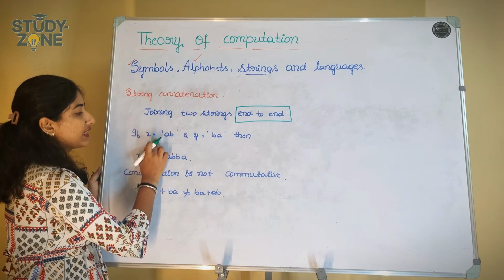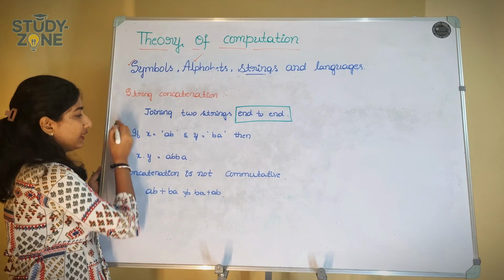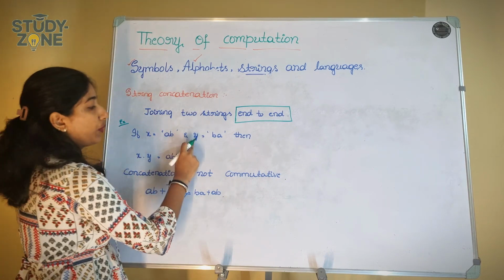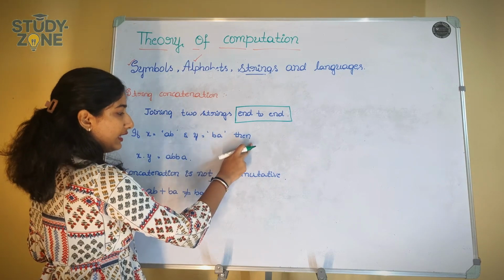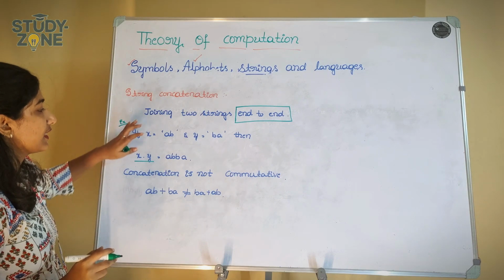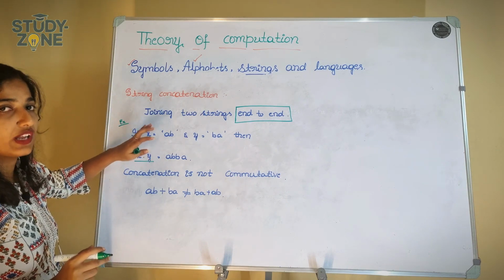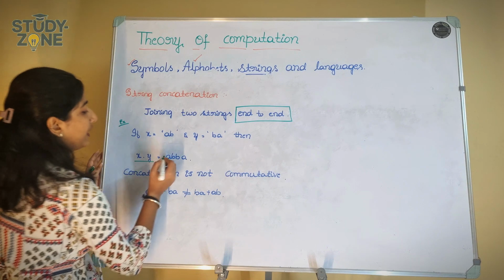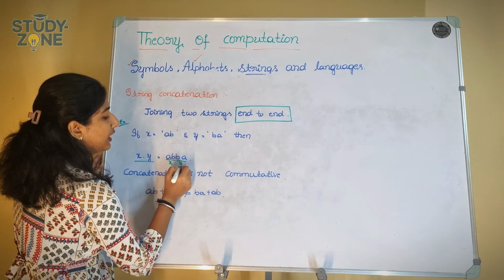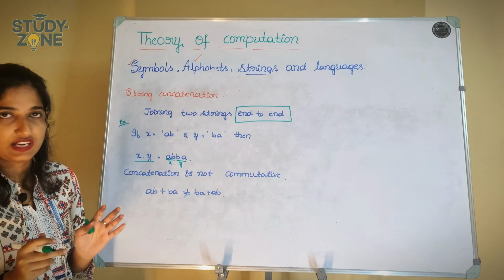So this is the example. If x equals AB and y equals BA, then how to represent concatenation? Like this. x concatenated with y, or x dot y, equals AB, this is the term of x, with BA. This is the string concatenation.